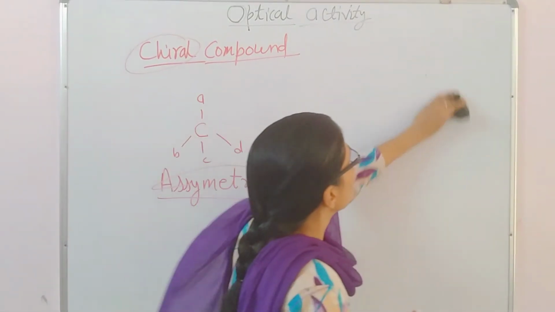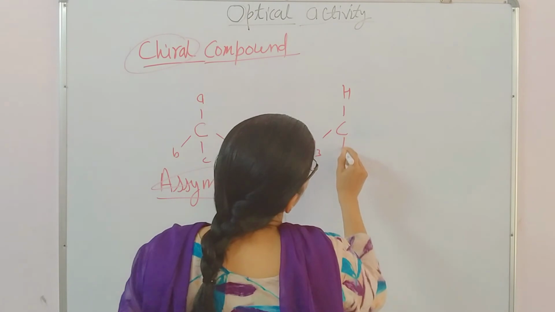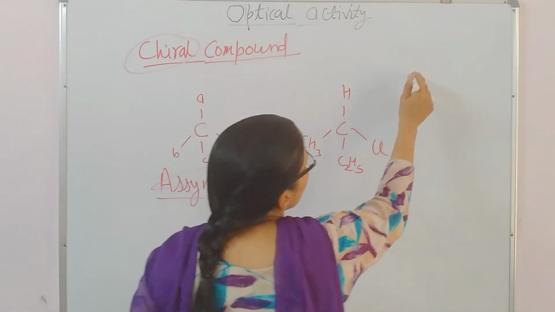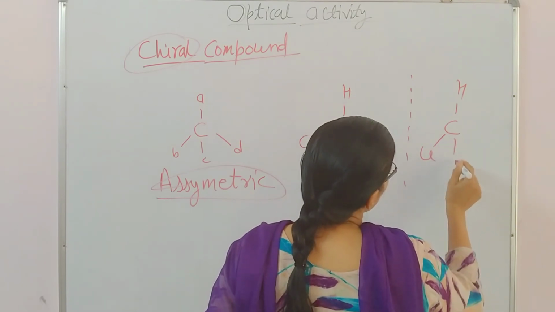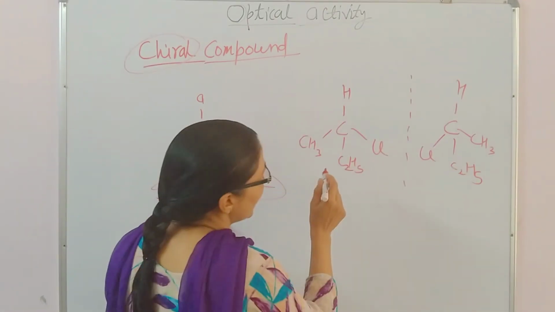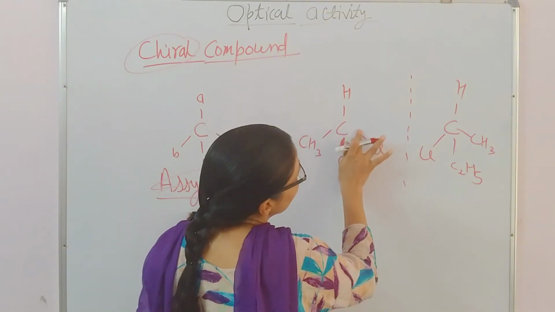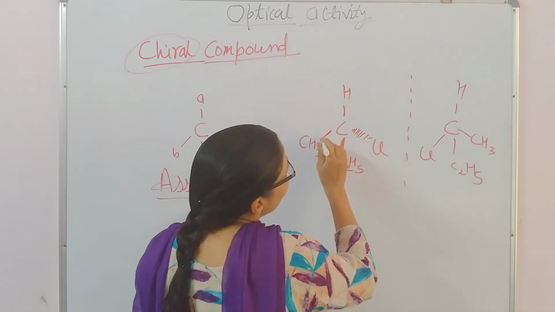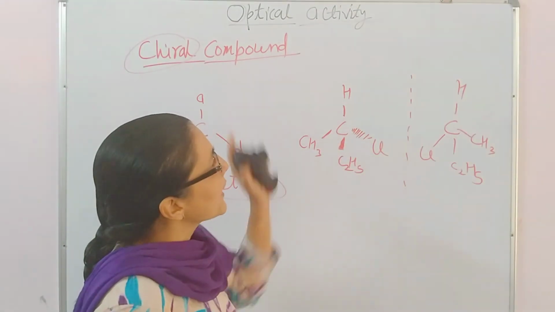One example I am taking: CH3, CH, C2H5 and Cl. Its mirror image: CH, Cl, C2H5, CH. Though I am drawing the mirror image in such a manner, you know very well that this solid edge shape can be shown like this. This bond is in the plane of the board, this bond is outside the board, and this bond is at the backside.